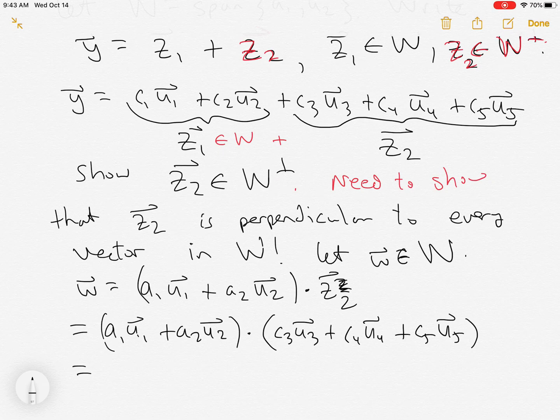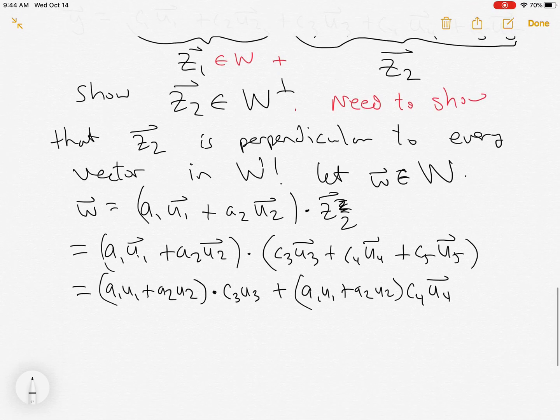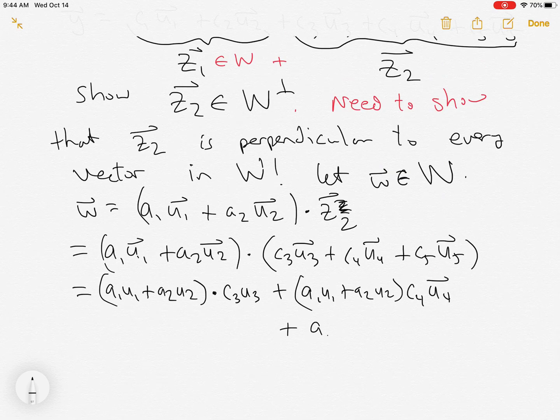Okay. So this is going to be A1U1 plus A2U2 dotted with C3U3, plus A1U1 plus A2U2 dotted with C4U4. I don't have quite enough room here, so now it's A1U1 plus A2U2 dotted with C5U5. All right, and it's important to justify this step.